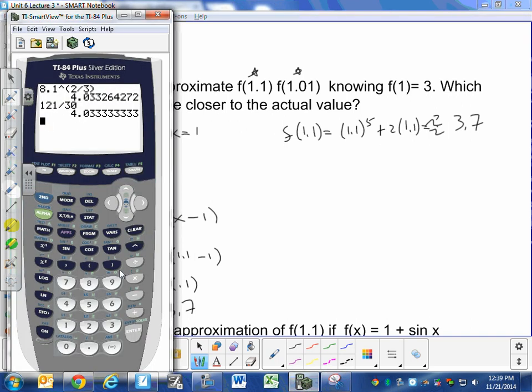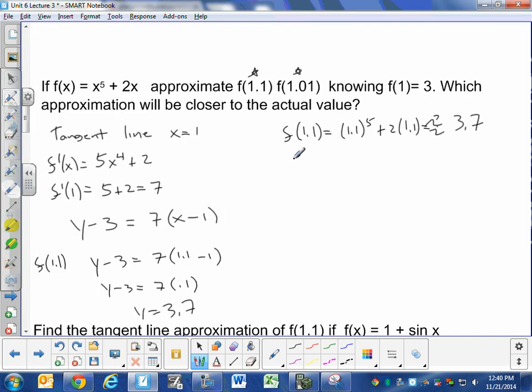How do we do? Close. Not bad. Decent. Well, what about f of 1.01?